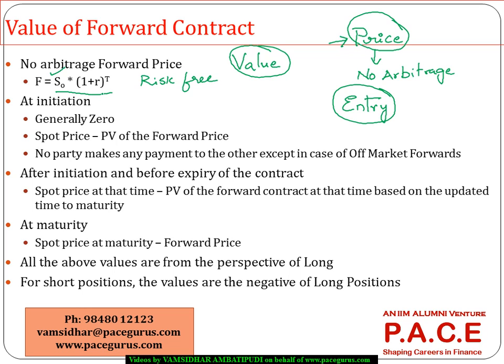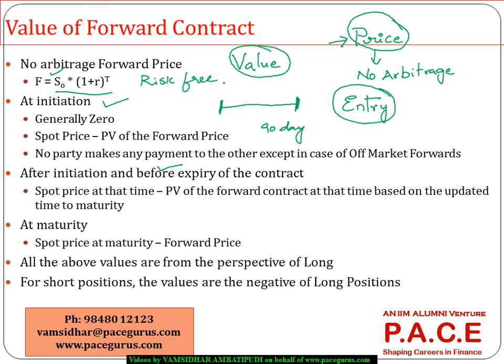This is the typical simpler form of the forward contract price. And when we talk about the value, we can talk about the value either at the initiation of the contract or somewhere later. So let's say if I am having a 90-day forward contract, what is the price as on this day is what is the pricing.